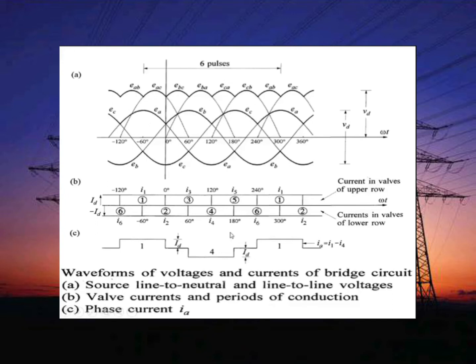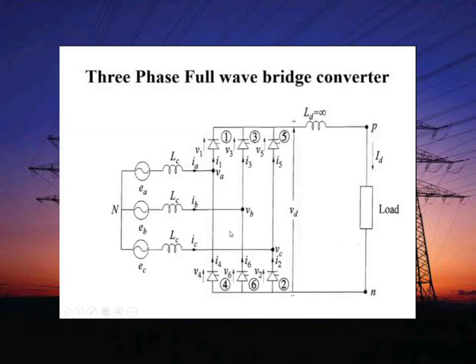The current in each phase of the AC source is composed of the currents in the two valves connected to the phase. For example, for phase A, I1 and I4 are there. Similarly for phase B, I3 and I6, and for phase C, I5 and I2.